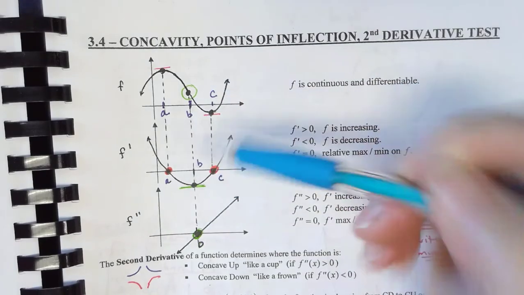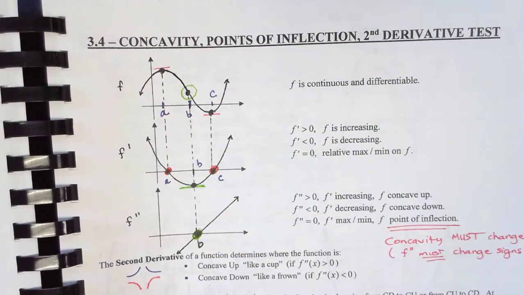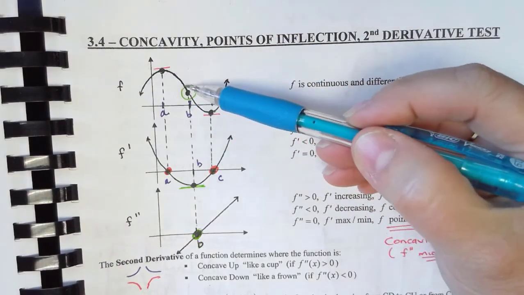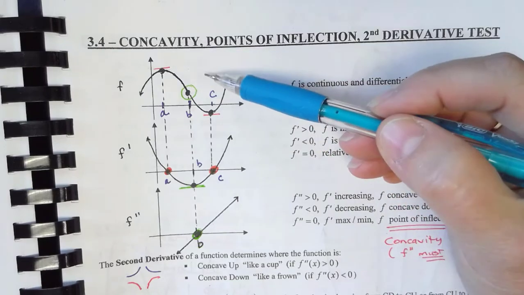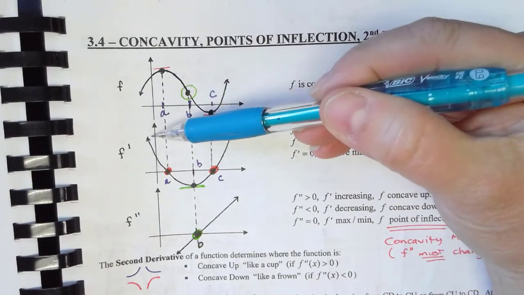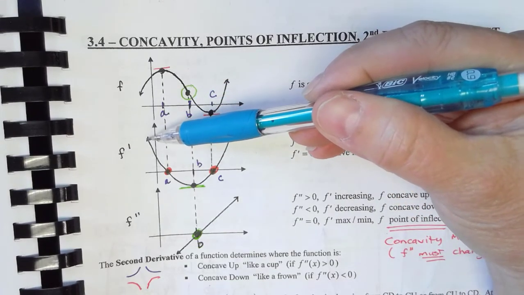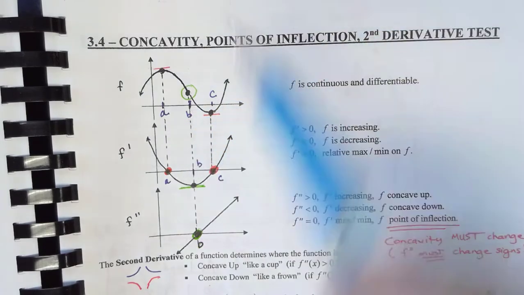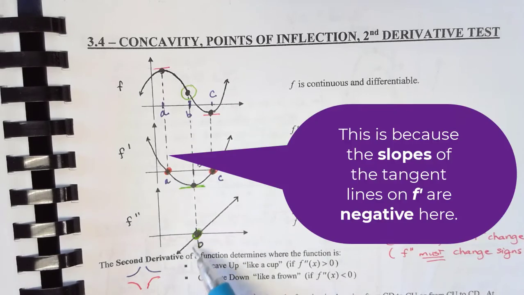Look at that. It has a horizontal tangent. So notice that here my graph of f is concave down. Notice that my y values on f prime are decreasing, and that corresponds on the second derivative to negative y values.